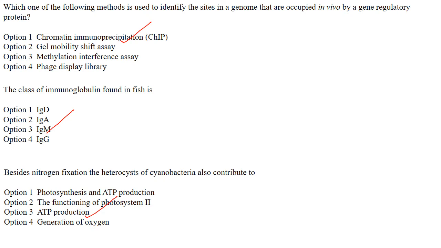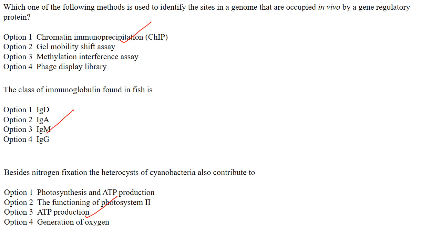Which of the following methods is used to identify the sites in a genome that are occupied in vivo by a gene regulatory protein? It is chromatin immunoprecipitation or ChIP. The class of immunoglobulin found in fish is IgM.